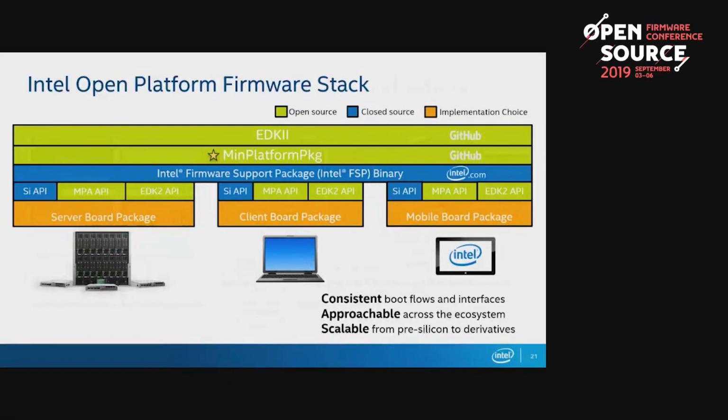Once again, regardless of which segment you're working in, the interfaces and the view should look very similar to you as you work across the various products. And then you have these board packages, and the board packages are probably the only piece that you really need to touch. So you take our open board package, our sample board package that we're providing you, and you just swap out what you need for your board, and you should be able to get up and running.